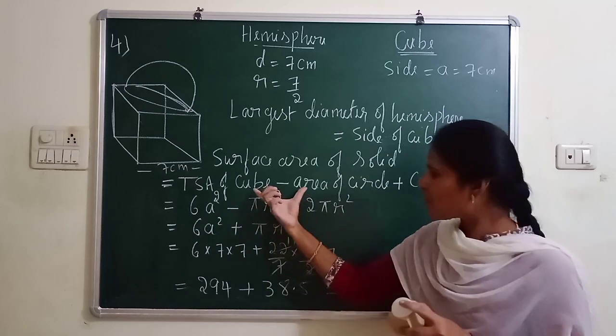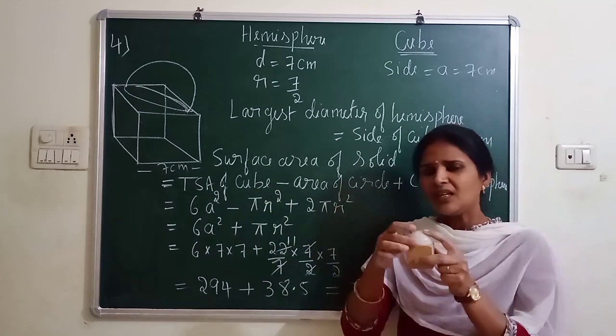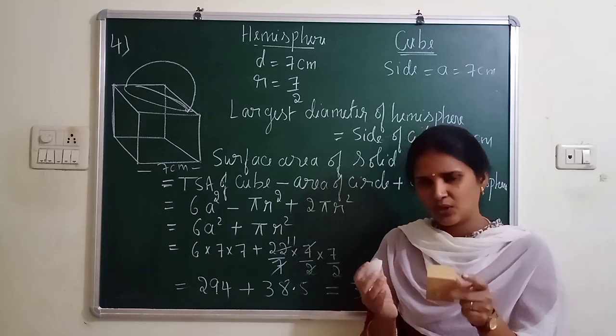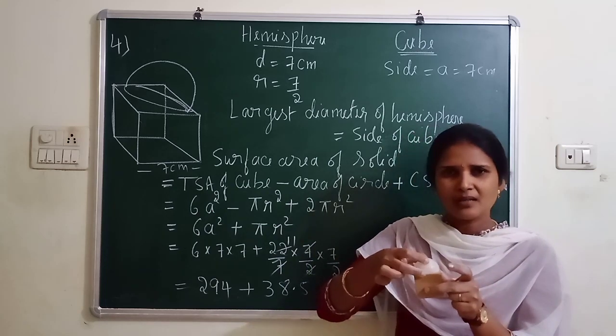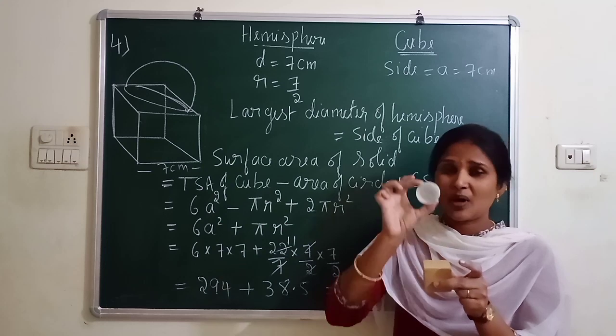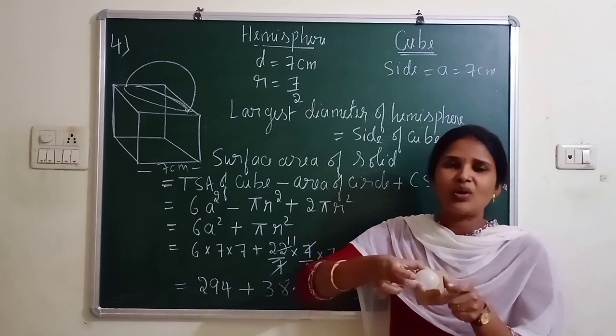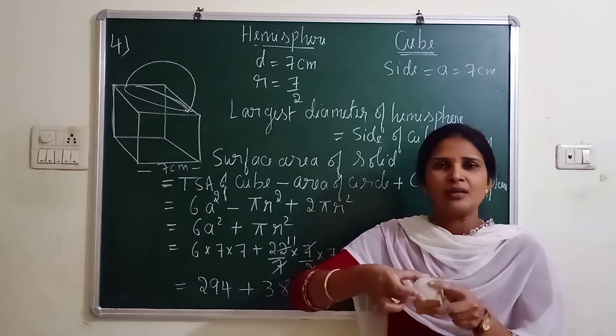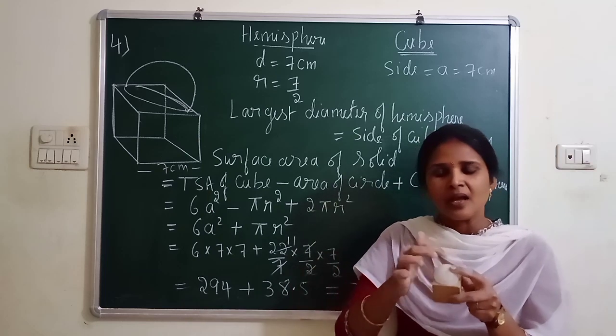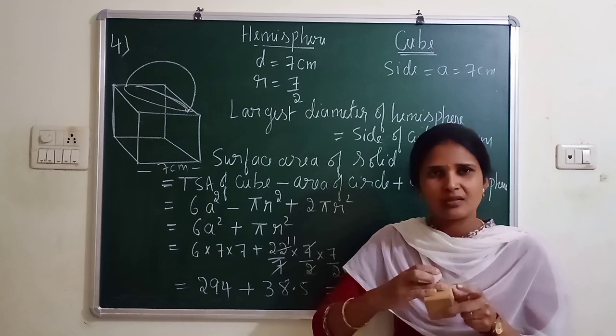I will repeat this concept: take the total surface area of the cubical block minus the area of this circle. Why do I have to subtract the area of the circle? Because this circular part you cannot see. It is covered inside. So to get these corners, I have to subtract it from this face.